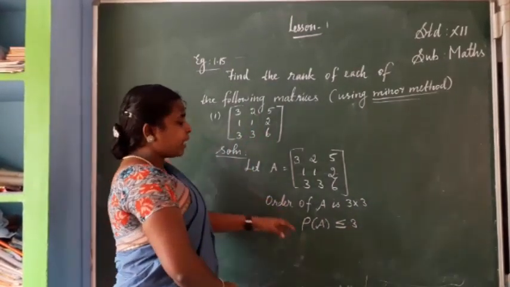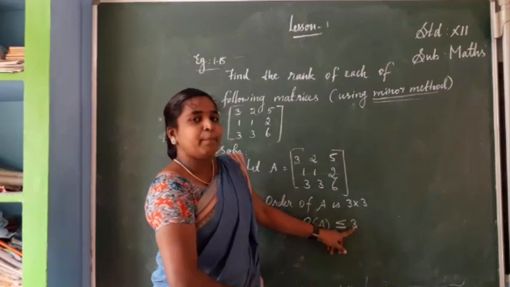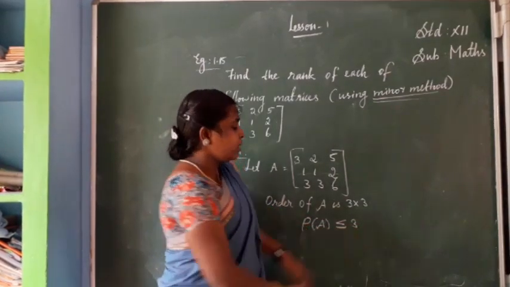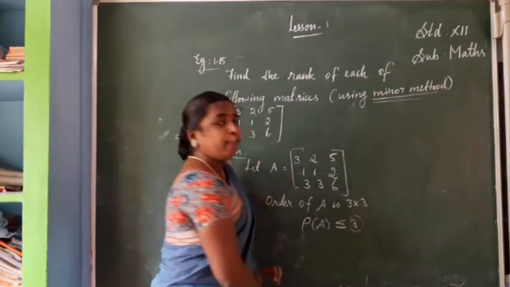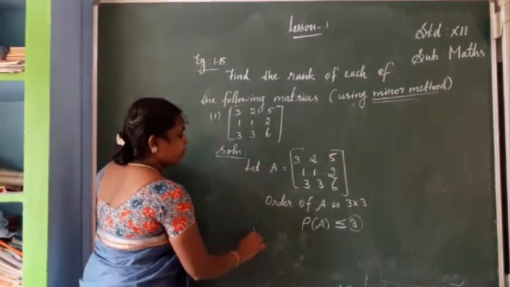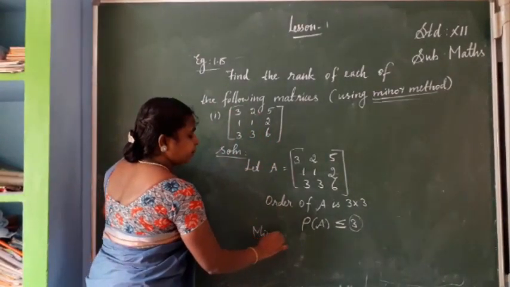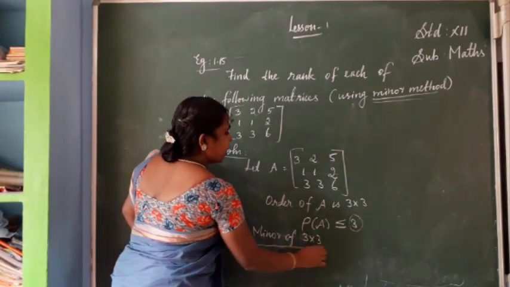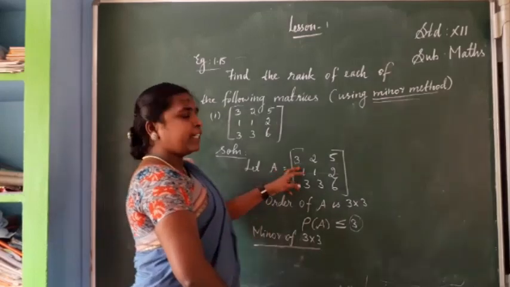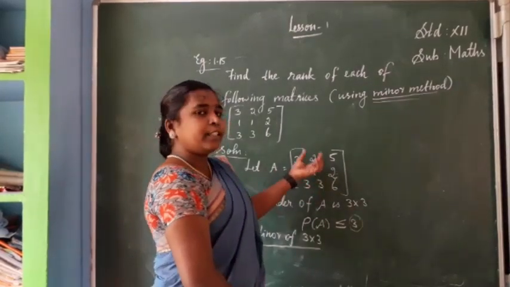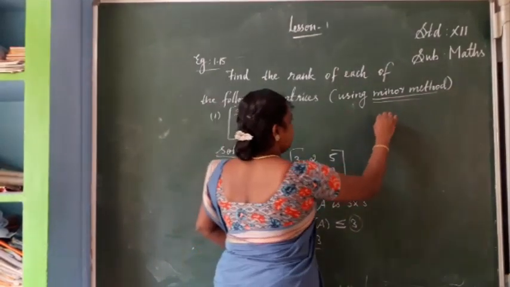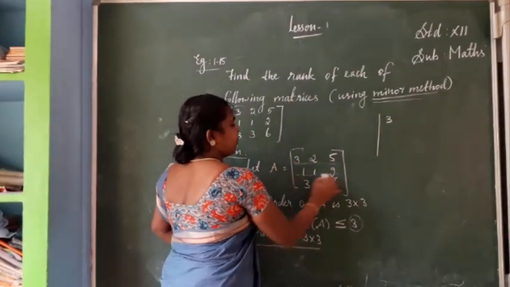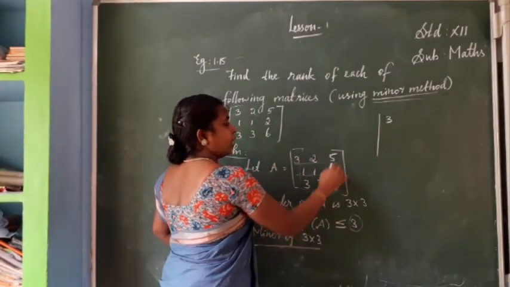Next, after writing this, how to find the minor? Because the rank is less than or equal to 3, how to find the minor of 3 by 3? Minor of 3 by 3 means you have to find the determinant of 3 rows, 3 columns. Already in our question, the maximum is 3 rows, 3 columns only.